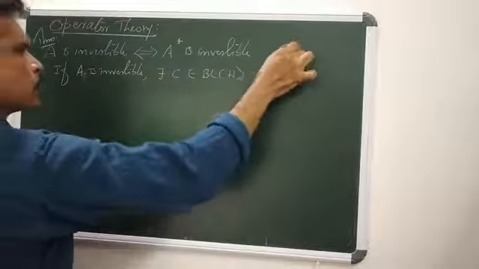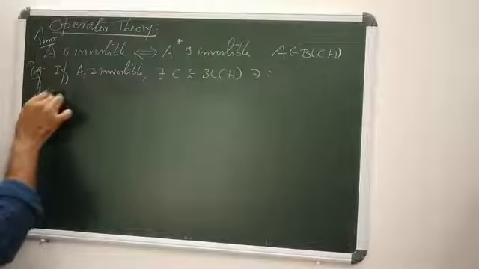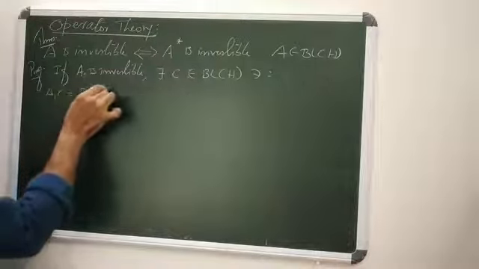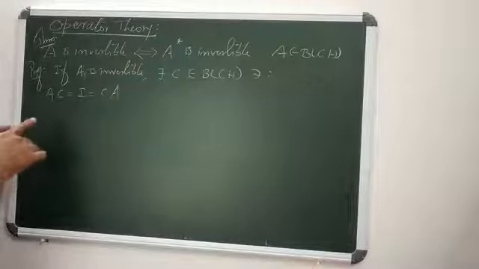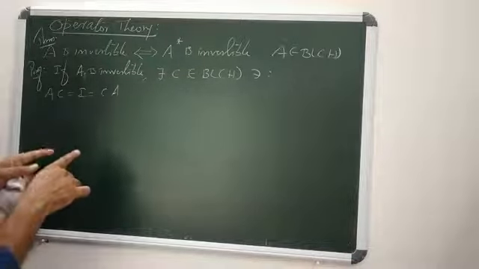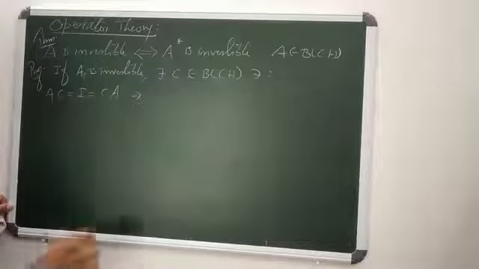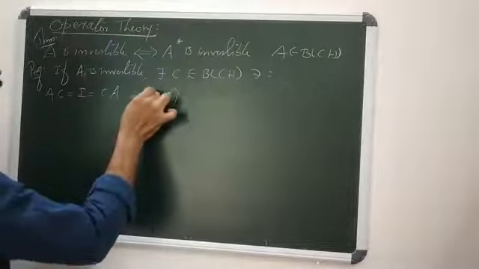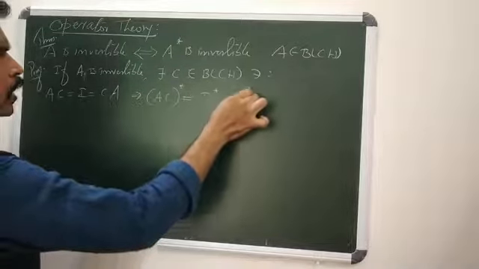Because A is in BLH, C in BLH such that AC equals I equals CA. Now, taking adjoint on both sides, that is (AC) star equals I star equals (CA) star.